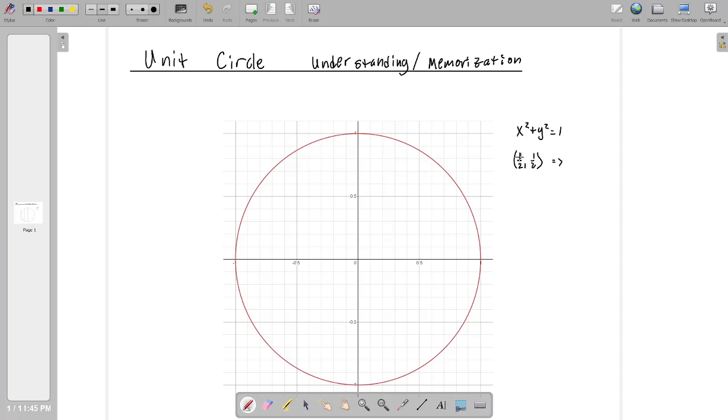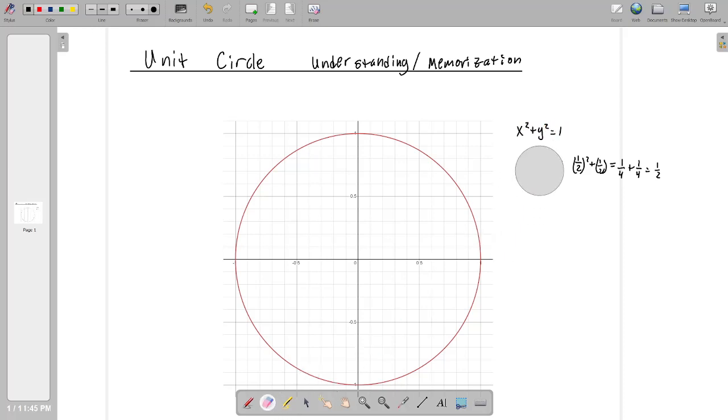Now, what we would end up getting is 1/2 squared plus 1/2 squared, which is of course 1/4 plus 1/4, which is equal to 1/2 in totality. So since this sum is not equal to 1, but instead 1/2, it's not on the unit circle because it does not satisfy this equation, as we've seen before.